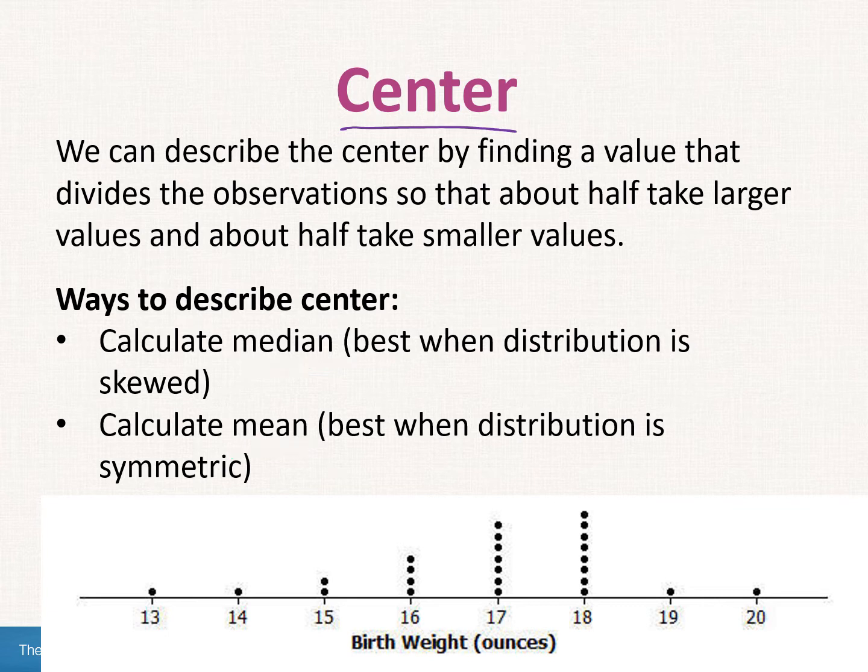Now, something interesting happens when we've got different shapes of different distributions. So when we're talking about the shape as roughly symmetric, I've got something roughly symmetric. The median, and I'll use colors here, the median and the mean are roughly the same.